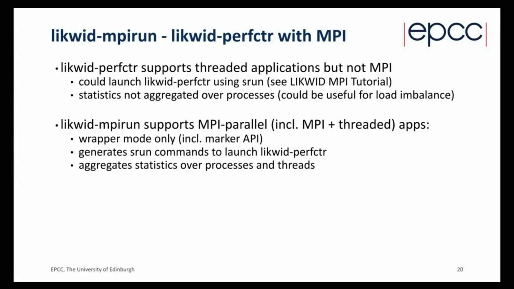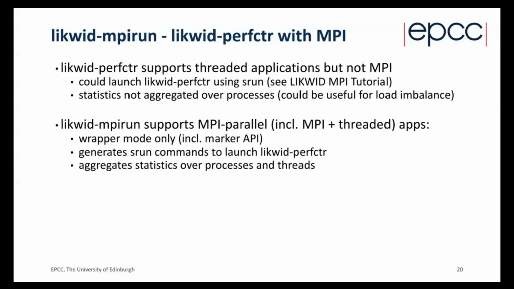You can get creative and use a parallel application launcher like srun with likwid-perfctr to generate output, but that output will never be aggregated across processes. It will only be aggregated for each process individually. That could be useful, of course, for measuring load imbalance. So if this is of interest, you could look at the tutorial for MPI LIKWID on the LIKWID wiki.